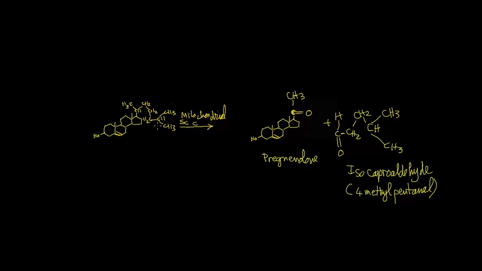So in the mitochondria, cholesterol with its 27 carbons, in a reaction catalyzed by the side chain cleaving enzyme, will cleave 6 carbons from the side chain between carbon atom number 20 and carbon atom number 22. And this produces pregnenolone, which is 21 carbons, and the 6-carbon isocaproaldehyde, or sometimes we call it 4-methylpentanal.